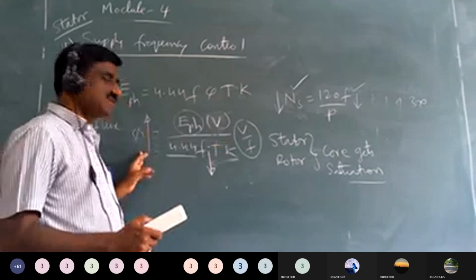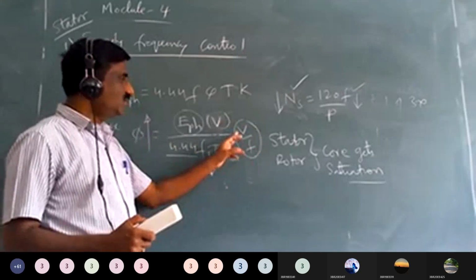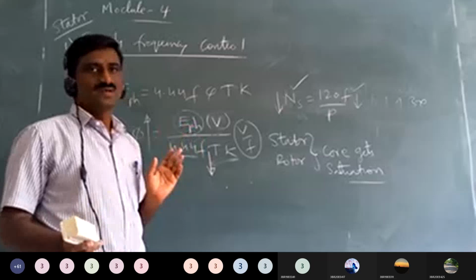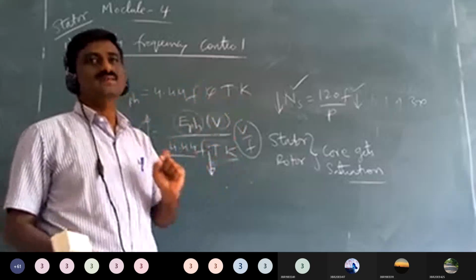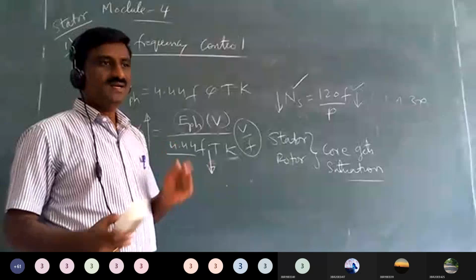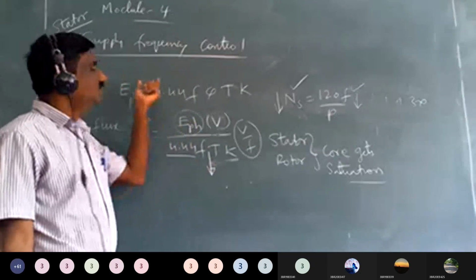That's why it is called volts per hertz control: voltage as well as frequency are varied simultaneously.